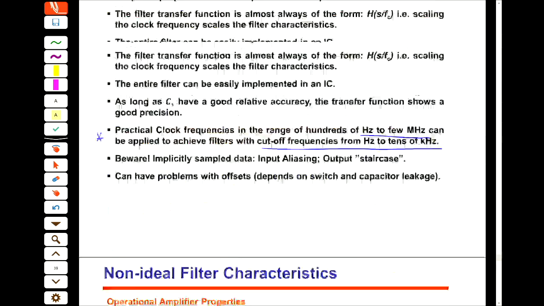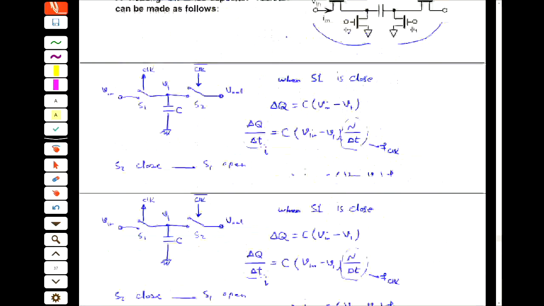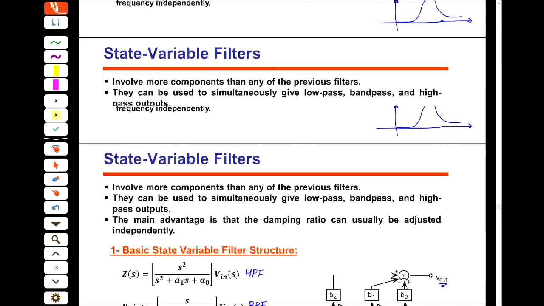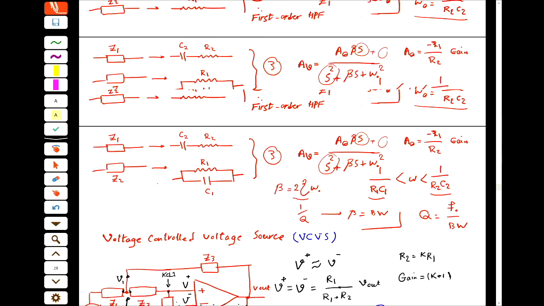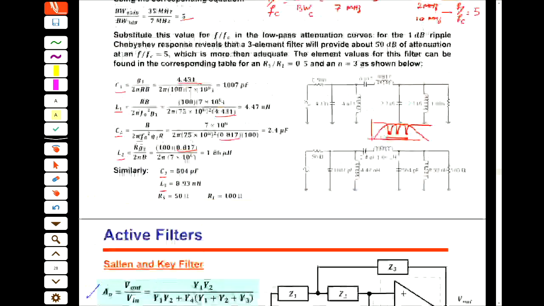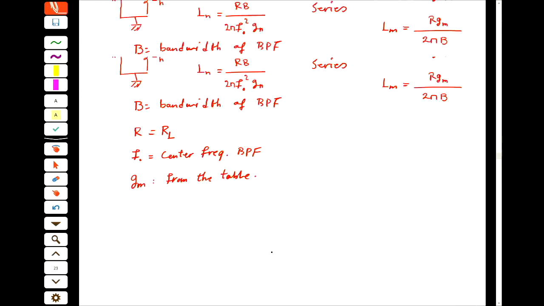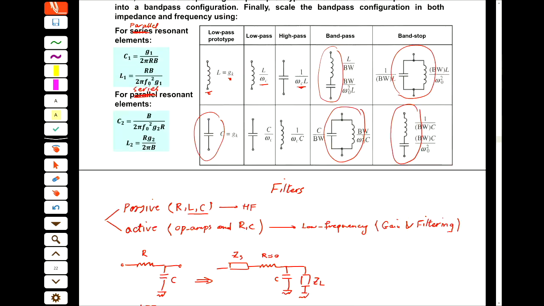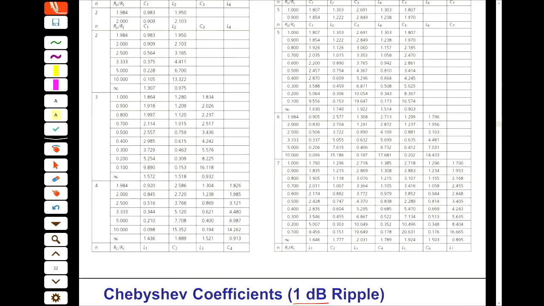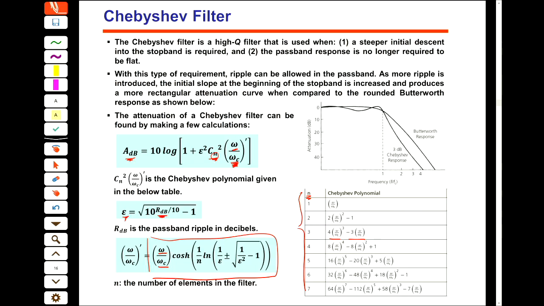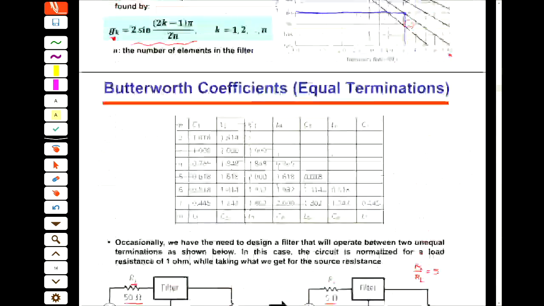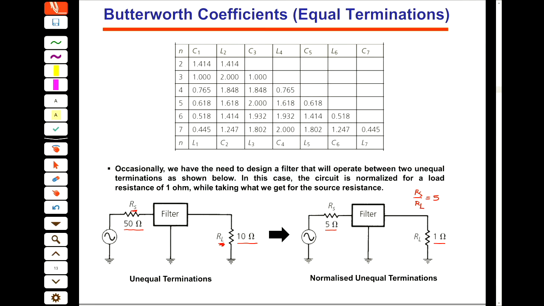If we go to the table for the Butterworth with equal terminations, I mean when the RS and RL are equal, and the fifth order one, these are the coefficients.